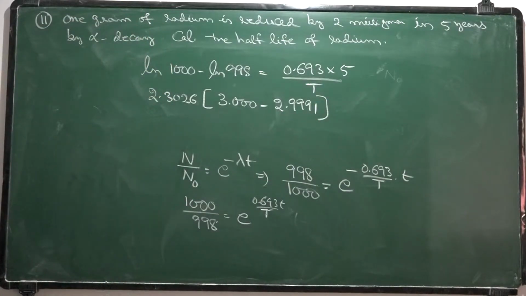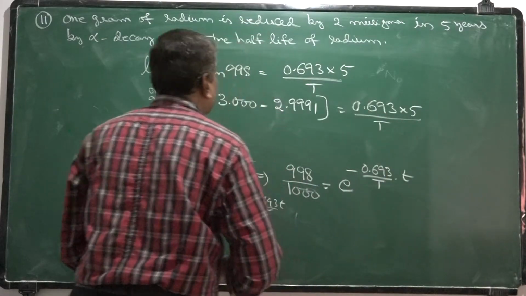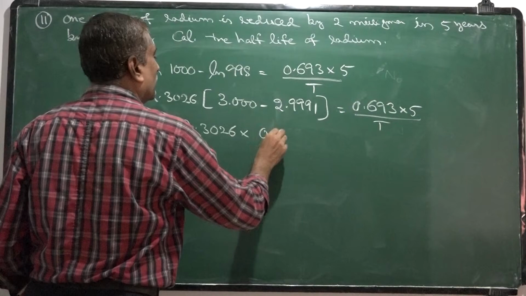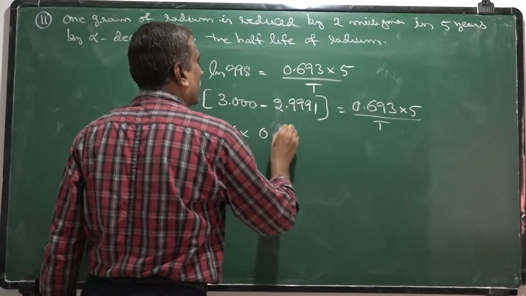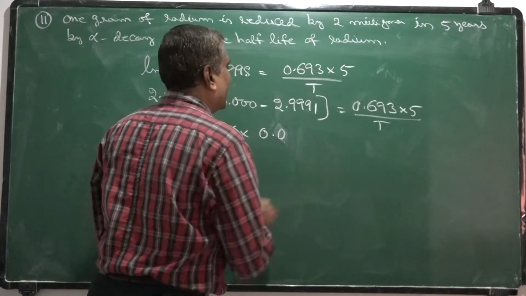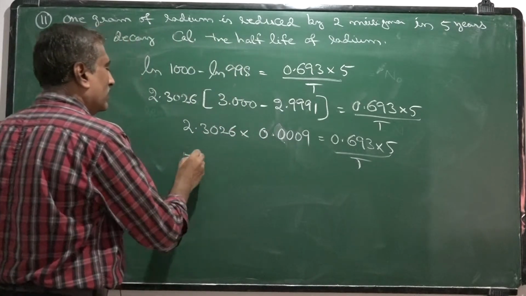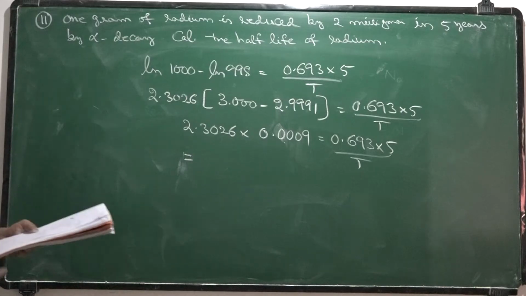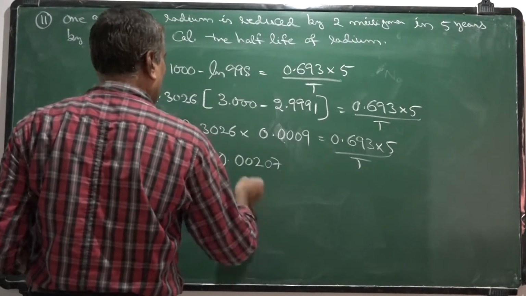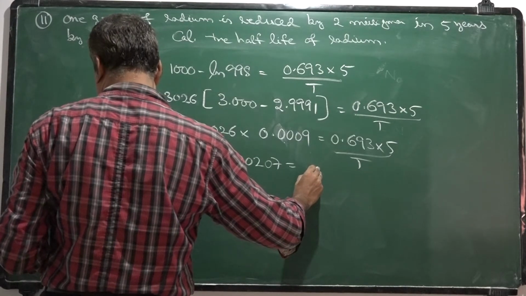The logarithm of 998 by calculator, and this is equal to 0.693 into 5 by T. This one is 2.3026 into 0.0009, I think, 0.309, and that is 0.693 into 5 by T. Now by using calculator, I have calculated this value as 0.00207, which is equal to 5 lambda.